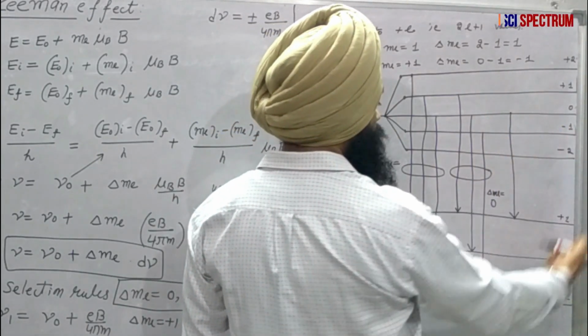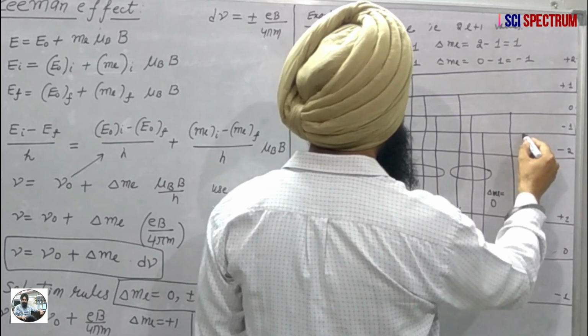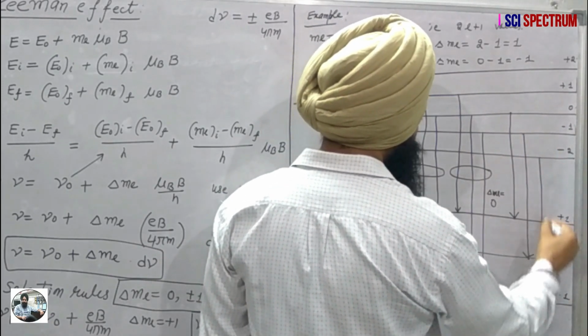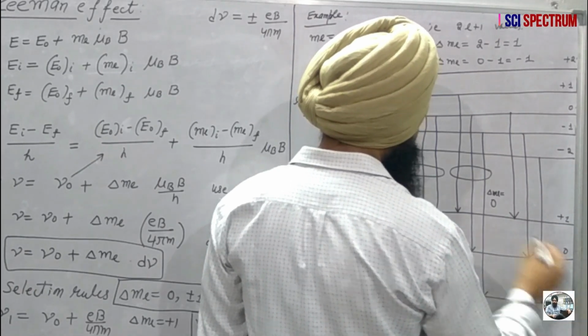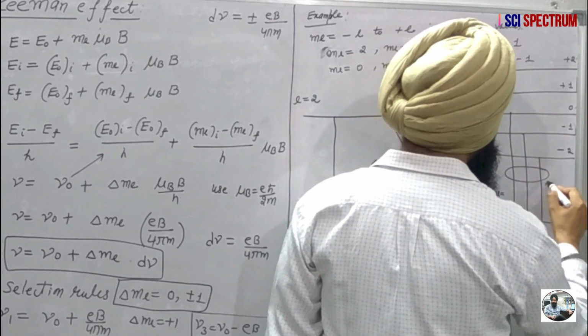Again from -1 to 0 we have Δm_l equal to -1, and from -2 to -1 we have Δm_l equal to -1.